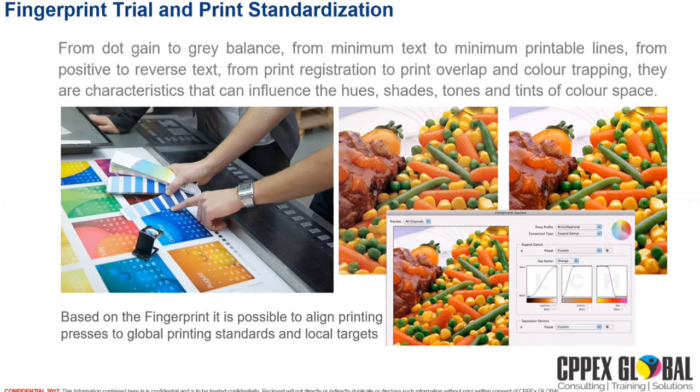Based on the fingerprinting, it is possible to align the printing process to global printing standards and local targets like ISO 12647 and ISO 2846. So we can align our printing press variables according to ISO and FOGRA specifications.